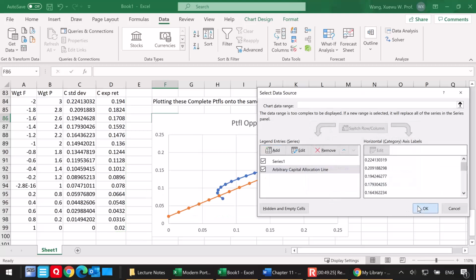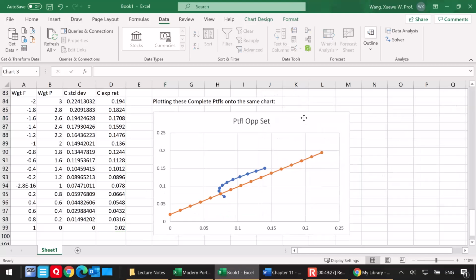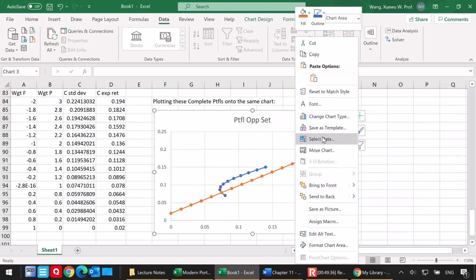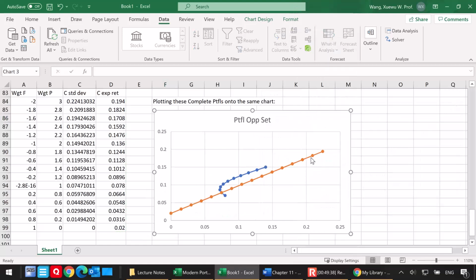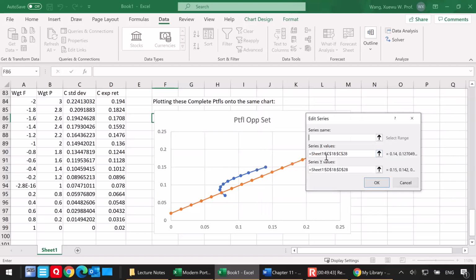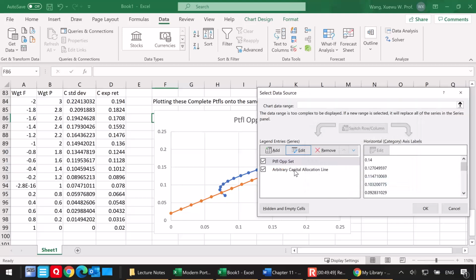And now you see that you actually have two series here. If I want, I may want to bring back the labeling for the series. So let me change this first series to the portfolio opportunity set, and the second one is the arbitrary pick.